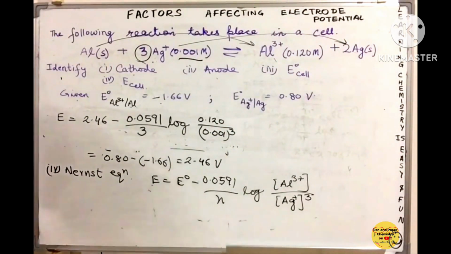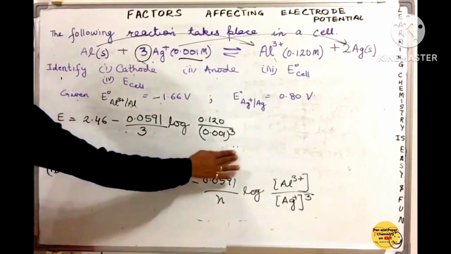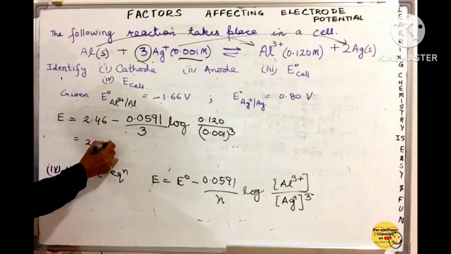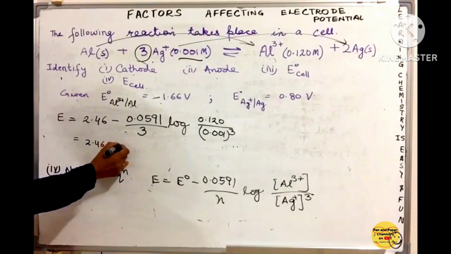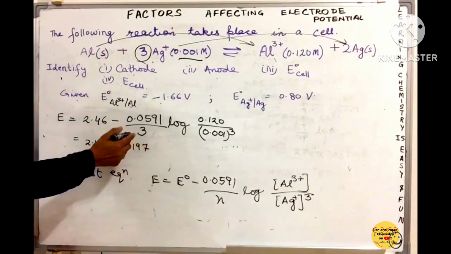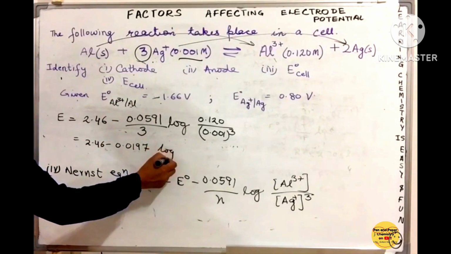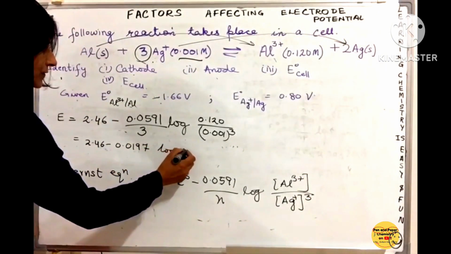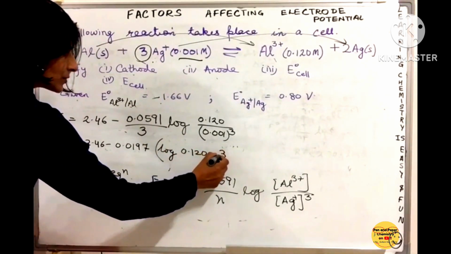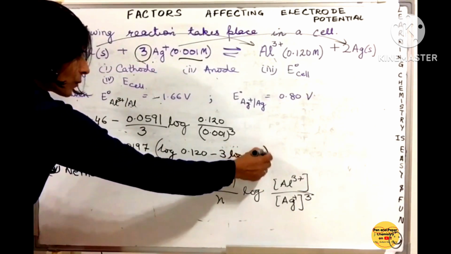Now what you are going to do is divide and apply the log values. So this comes out as 2.46 minus 0.0197. Have I got it right? Correct. Now log of 0.120 minus 3 log 0.001.